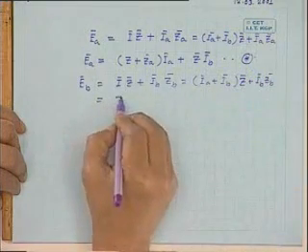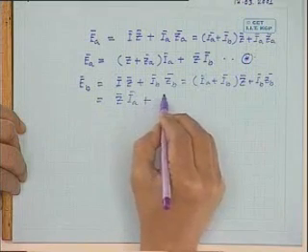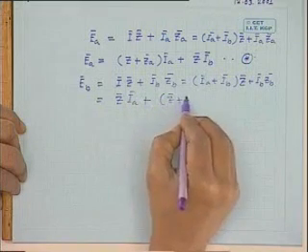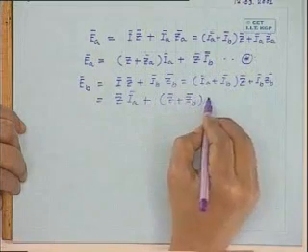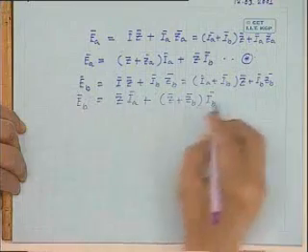This can be written as Z bar into IA bar plus Z bar plus ZB bar into IB bar. This will be EB bar.